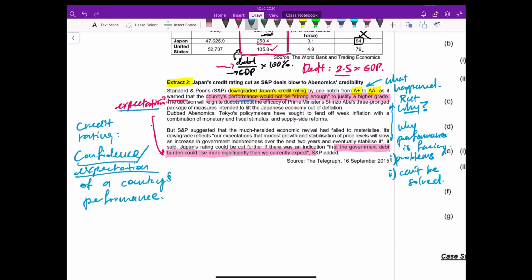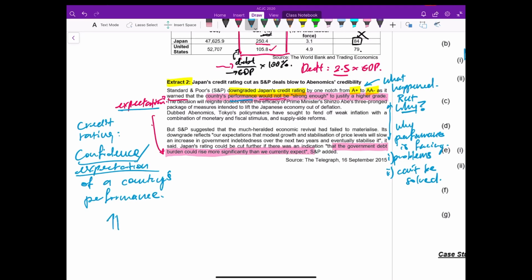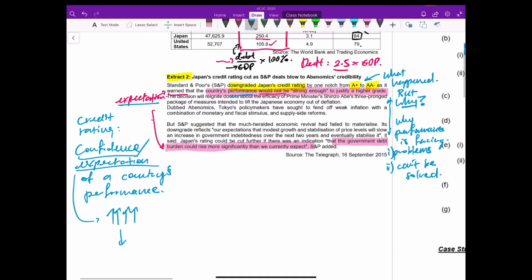It's the confidence or expectation of a country's performance. So if I expect that you are going to perform well, expectations high, credit rating high. If my expectations are low, credit rating low. That's pretty much about it.